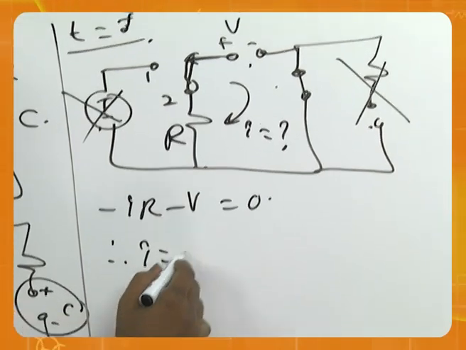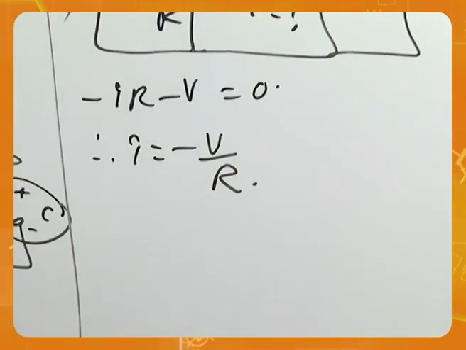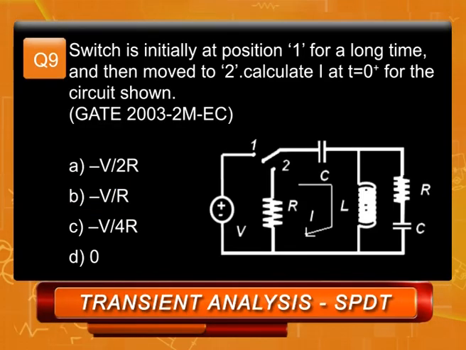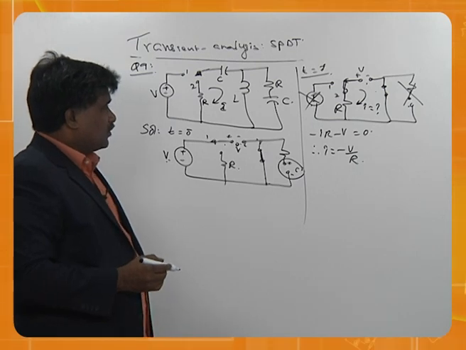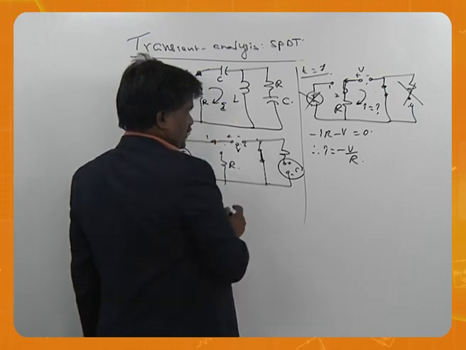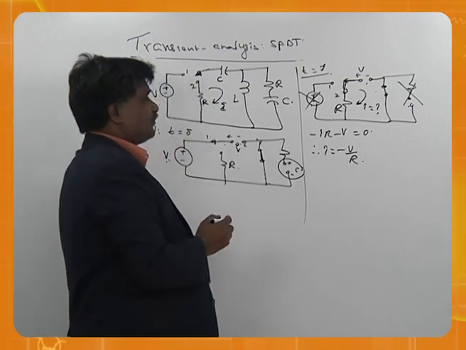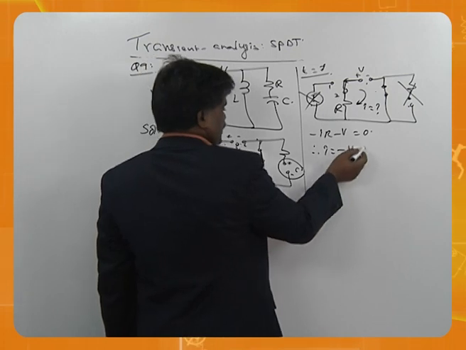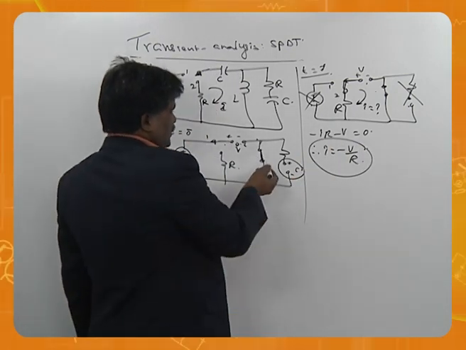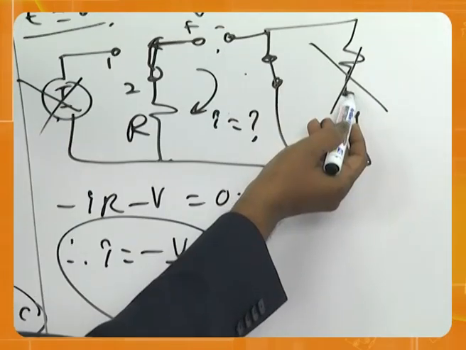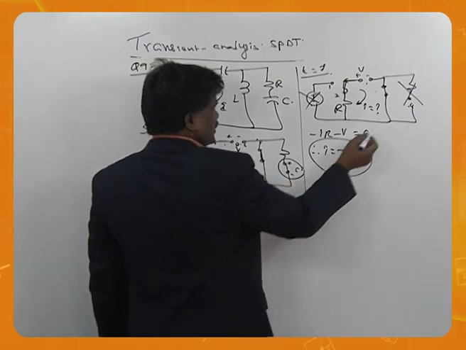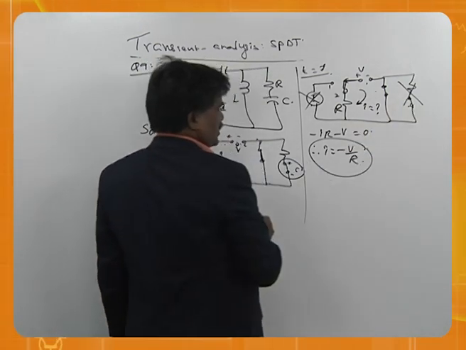Therefore, I is equal to minus V by R. But what is happening there? This is one resistor you have, another resistor is here. Because no voltage is developed from the beginning, you can say this is short circuit, this is also short circuit.